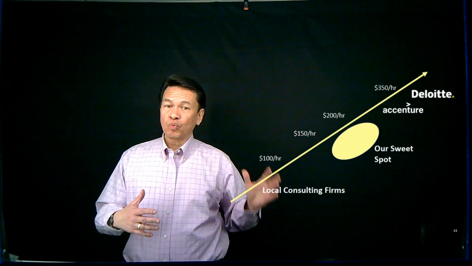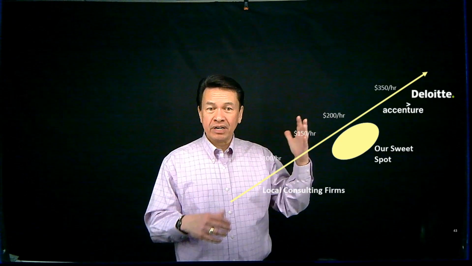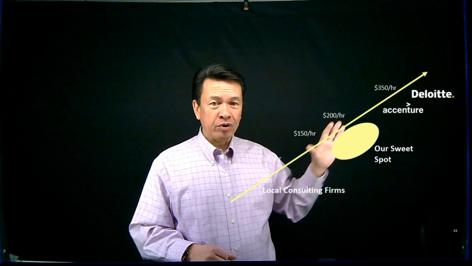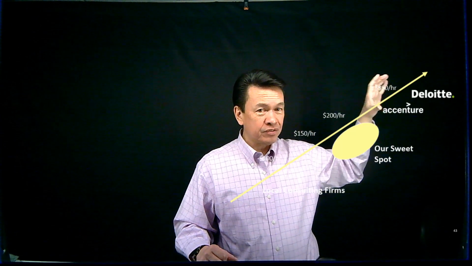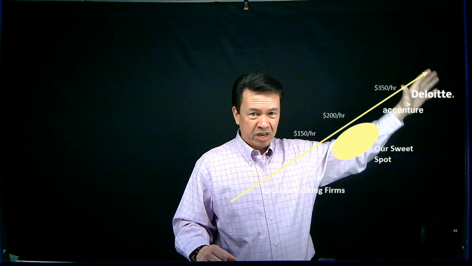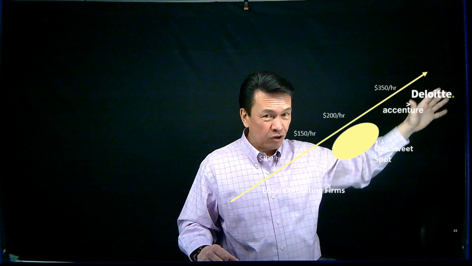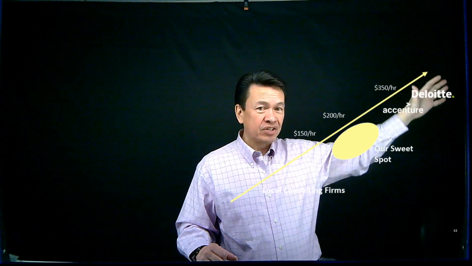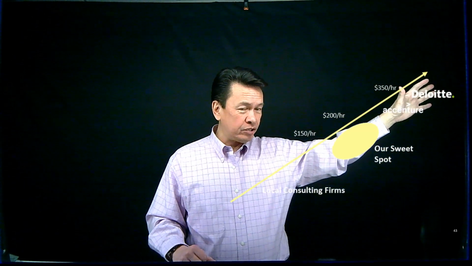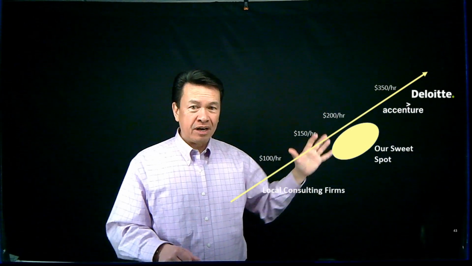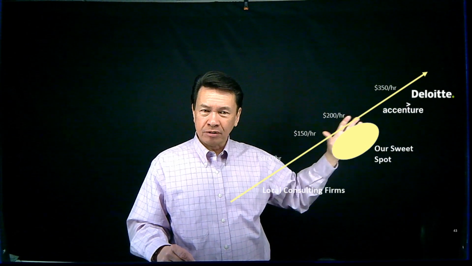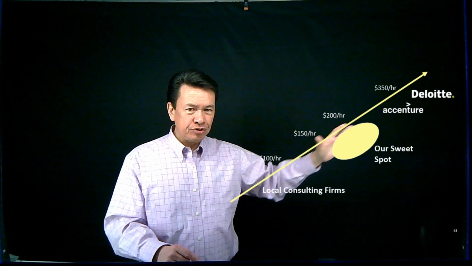Another example, when I created a consulting firm, one of the things that we were trying to do is our value proposition was we were going to get you the same services as a Deloitte and Accenture, these big national, actually global firms that are charging $400 an hour, right? We're going to give you that same thing, but charge you in the area of a couple hundred an hour, okay? $150, $200 an hour.